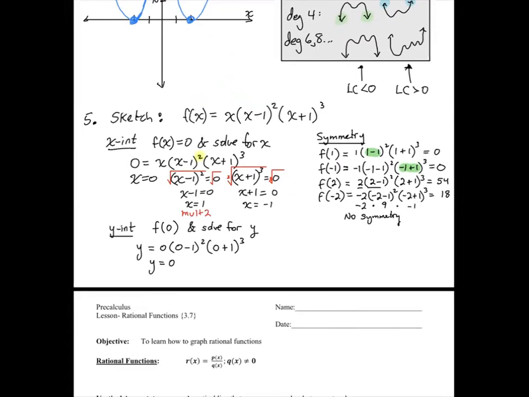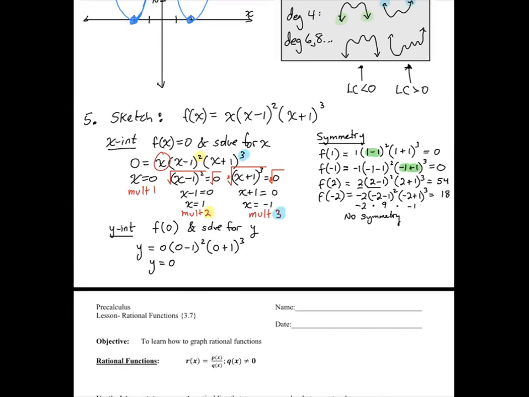That power of 2 corresponds with the multiplicity. The x equals -1 has a multiplicity of 3, same deal. But you also have the x equals 0. That didn't have a power other than 1 associated with it. So this one is going to be multiplicity 1.